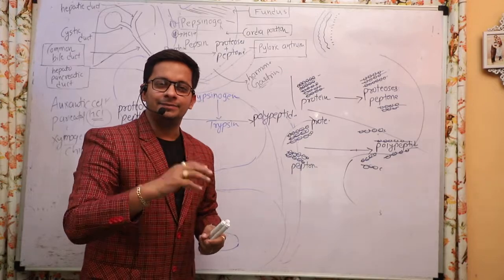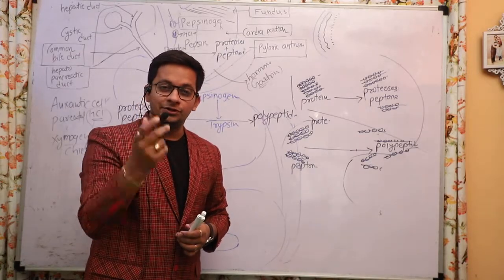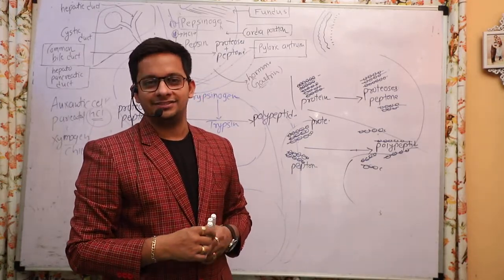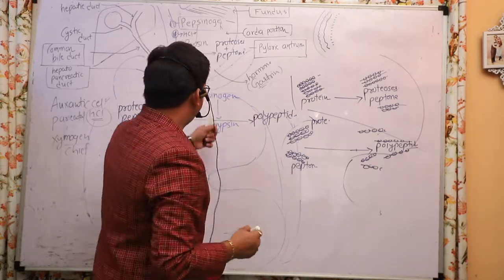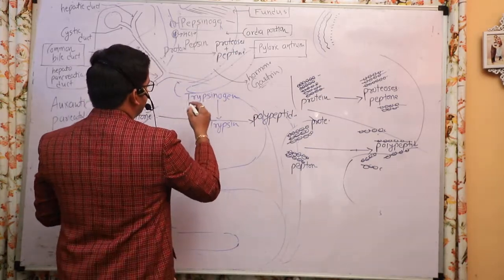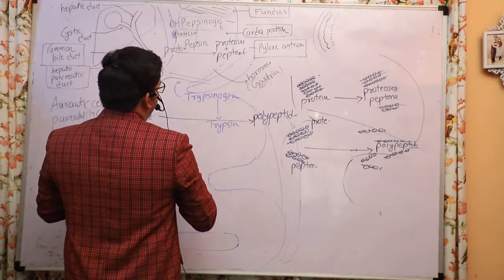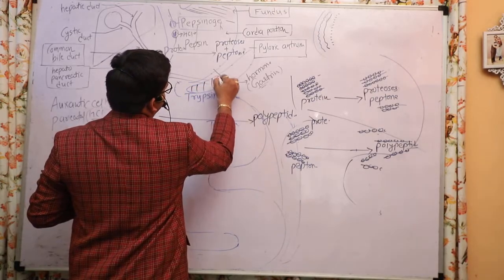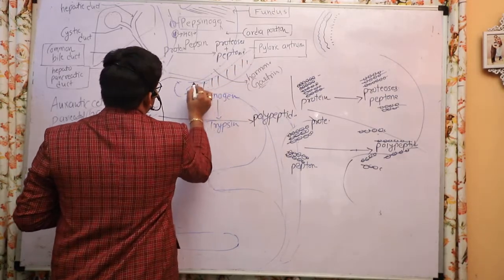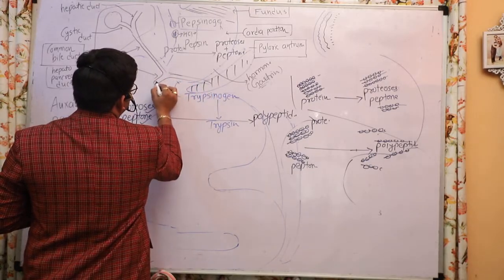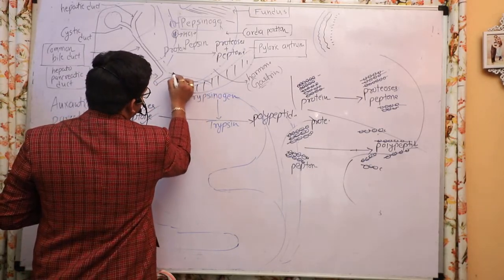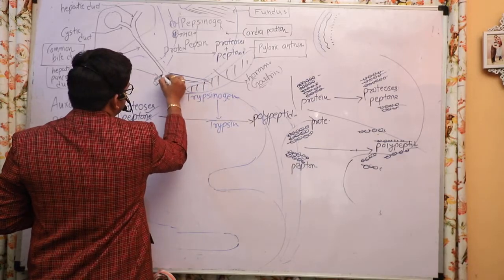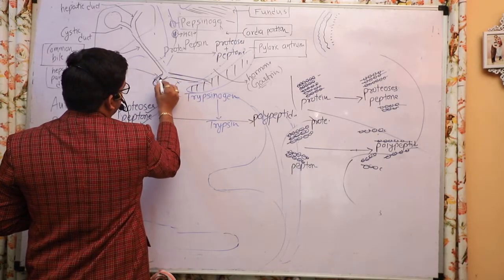From where will this trypsin enter the duodenum? This is again the next question in your mind. Trypsinogen will arrive from the pancreas. This is the pancreas, and this is the hepatopancreatic duct. This is the pancreatic duct, but this is the hepatopancreatic duct.